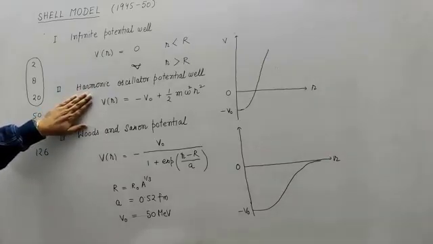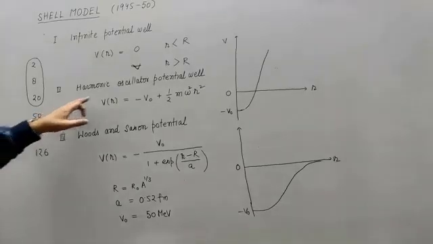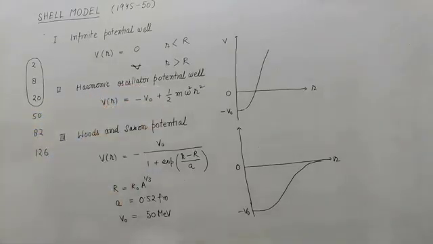I just want to give you an idea of how these energy levels are created with the help of the harmonic oscillator potential well.